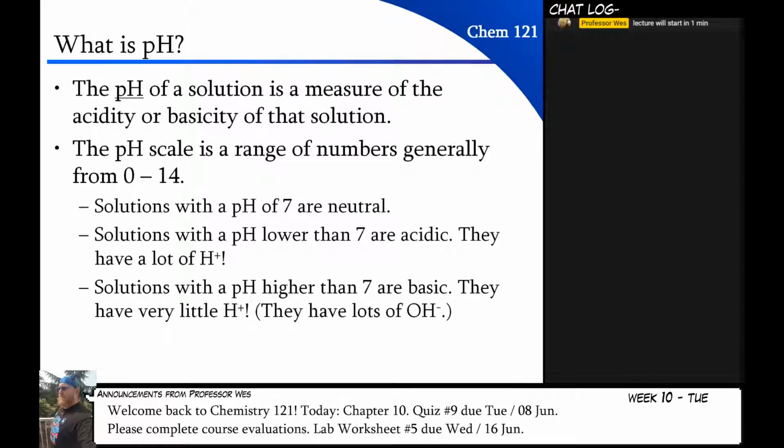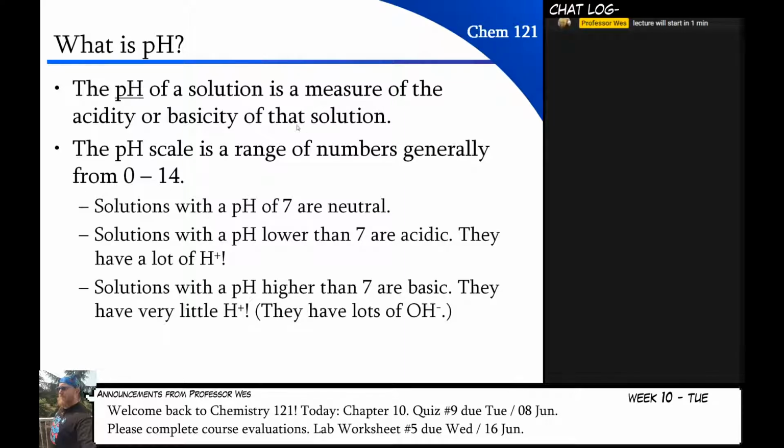So the pH of a solution is the measure of how much H+ is in solution. In other words, we are measuring how acidic or basic it is. Now, you might think, wait a second, how does H+ affect being a base? Because I thought it was OH-.